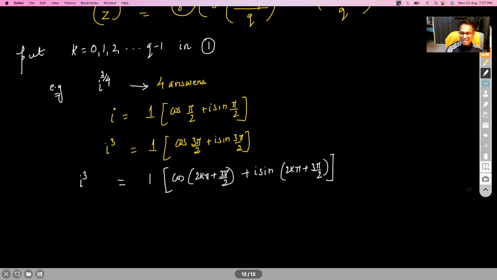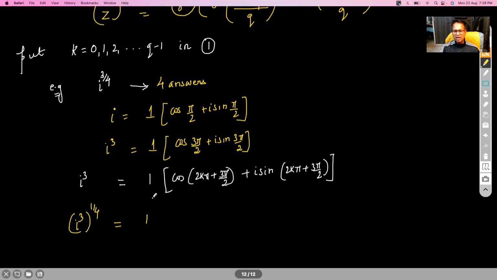And because of that, there is no change in the expression you have written, because cos theta and cos 2k pi plus theta are the same thing. Sin theta and sin 2k pi plus theta is the same thing. Okay. Now here I'll raise it to the power 1/4.